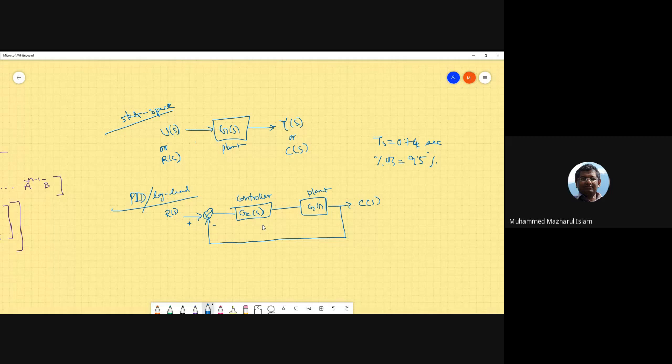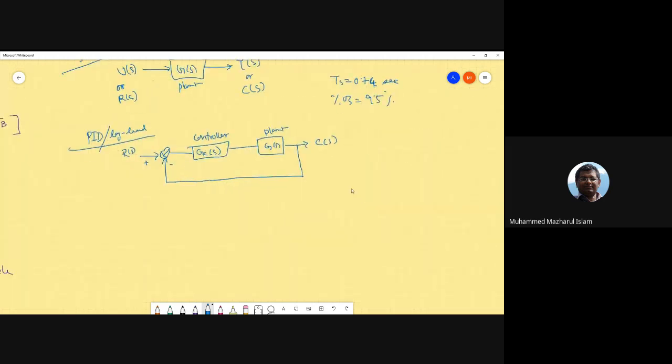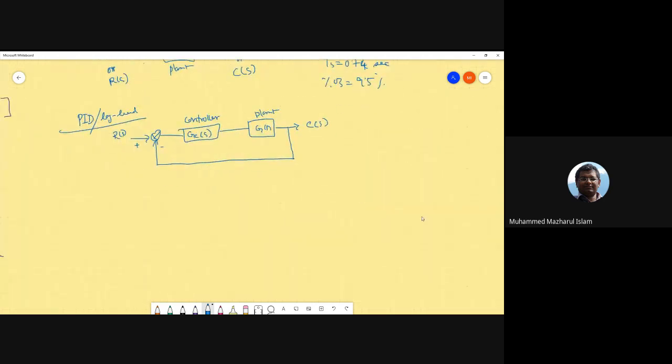So in PID or lag lead, we would need a feedback, we would need a different transfer function. And the controller transfer function combined with the plant should produce the dominant poles. So can you try to design this system? We need to change the transient parameters.